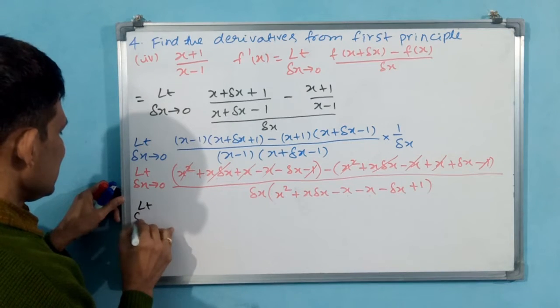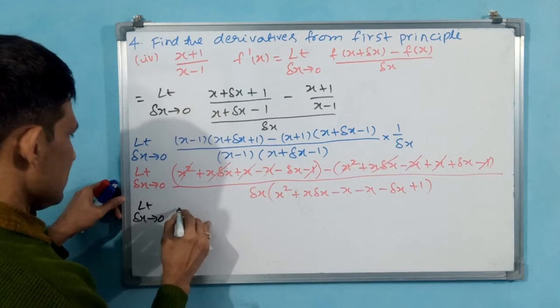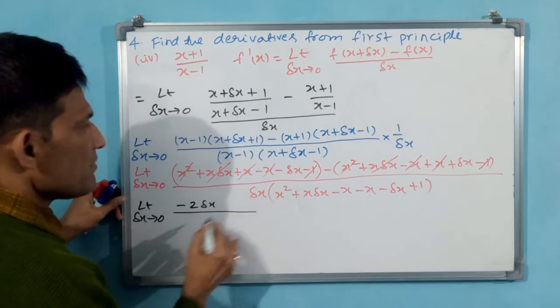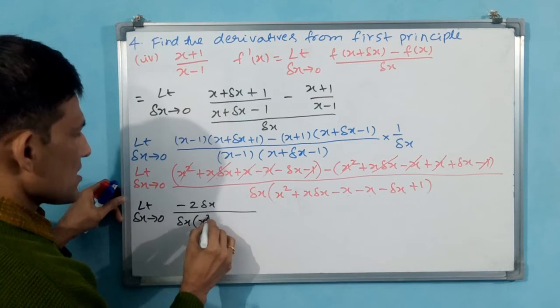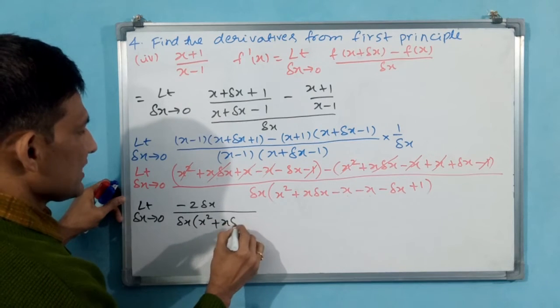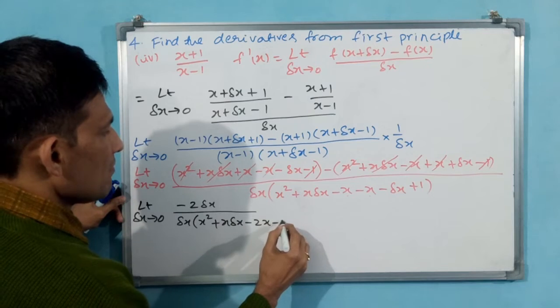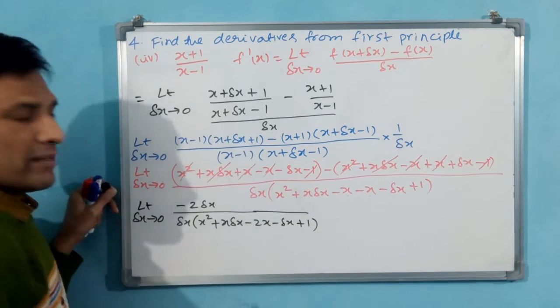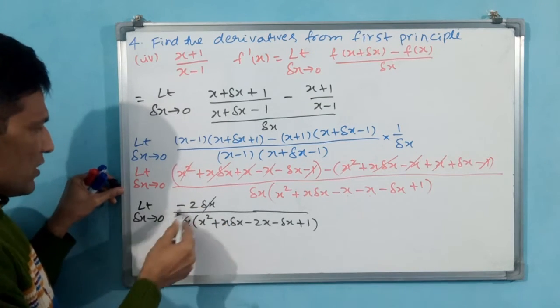Limit delta x tends to 0 of minus 2 delta x divided by delta x square plus x delta x minus 2x minus delta x plus 1. Is it okay? But now you see delta x you cancel. Only minus 2 will be there.